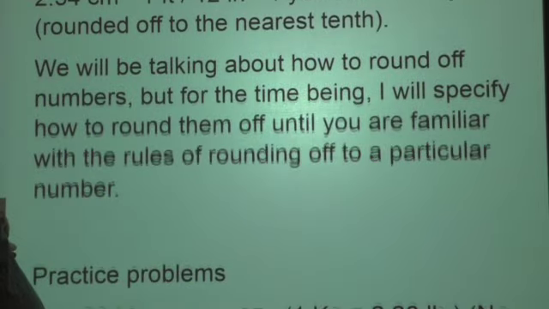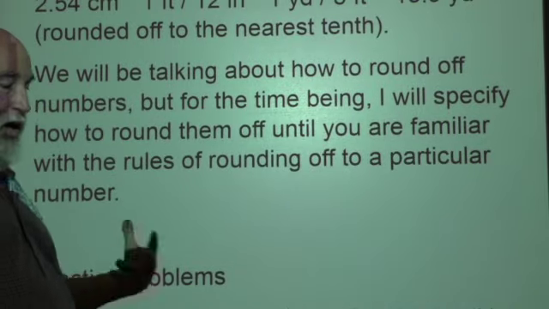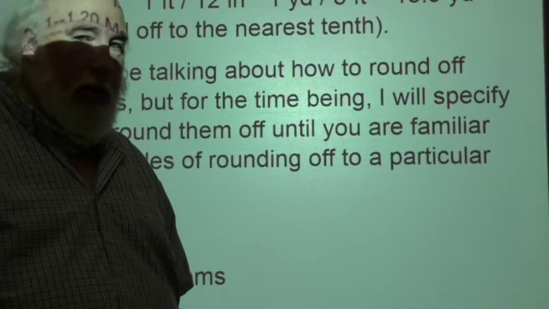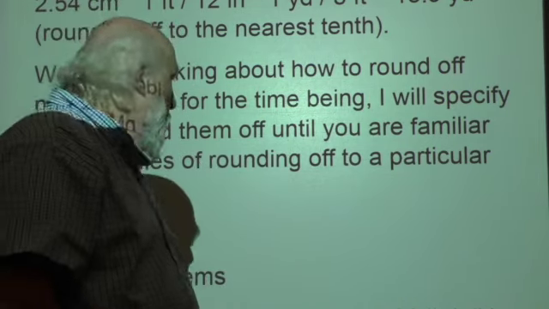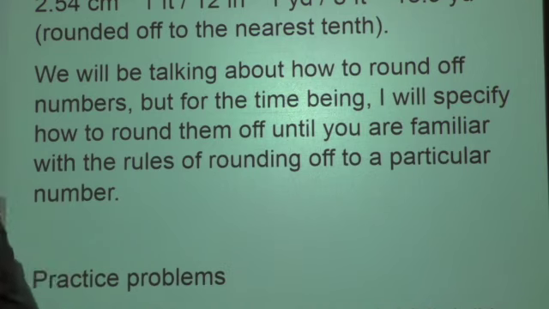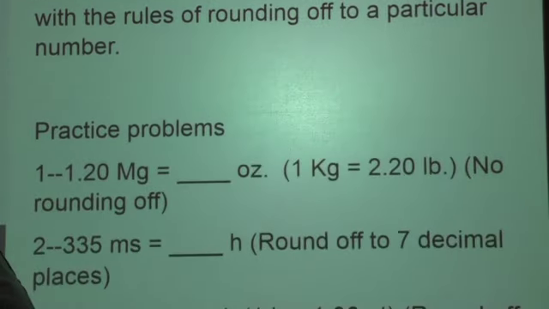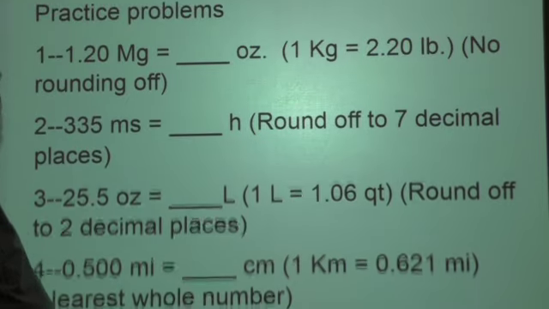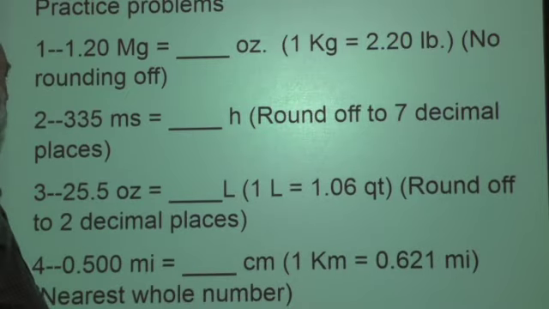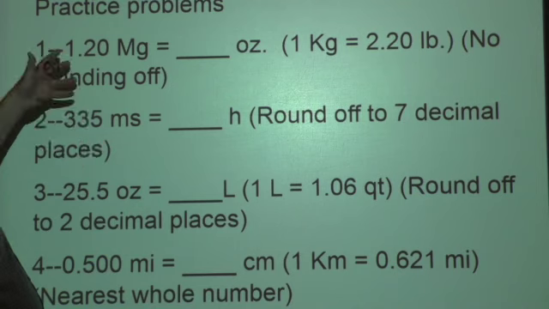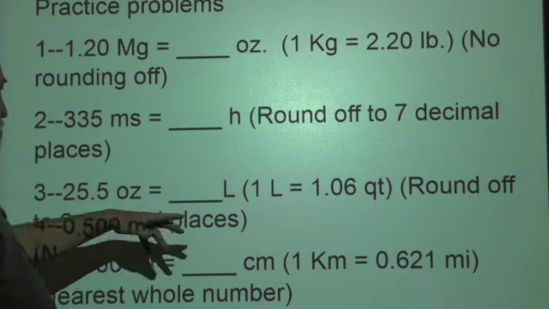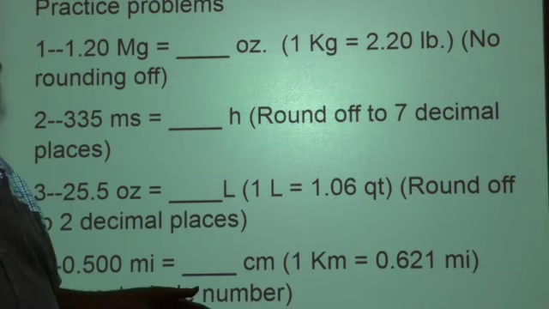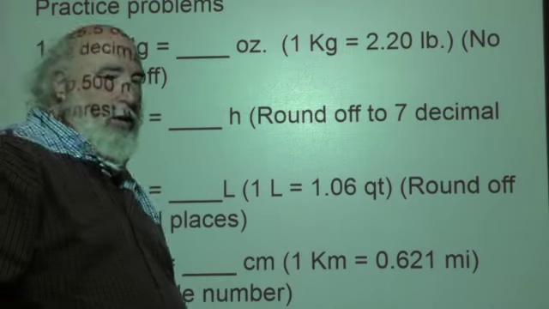So, it's all about setting up the labels to cancel out, then putting in the numbers, and so that gives us then our practice problems for you to do. And so, I've given the rounding off: none here, 7 decimal places here, 2 decimal places here, and the nearest whole number here. Whole number means, of course, right to the decimal point. Okay?